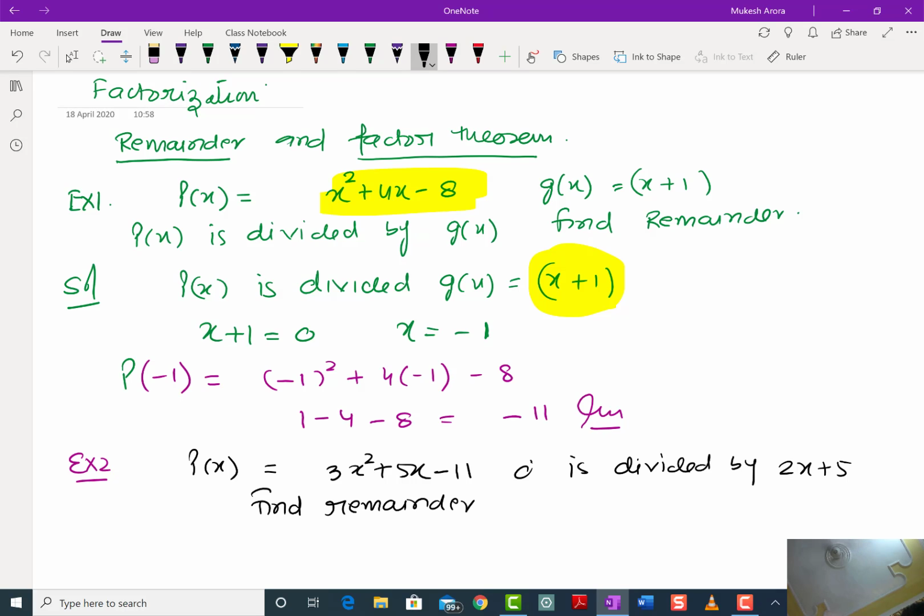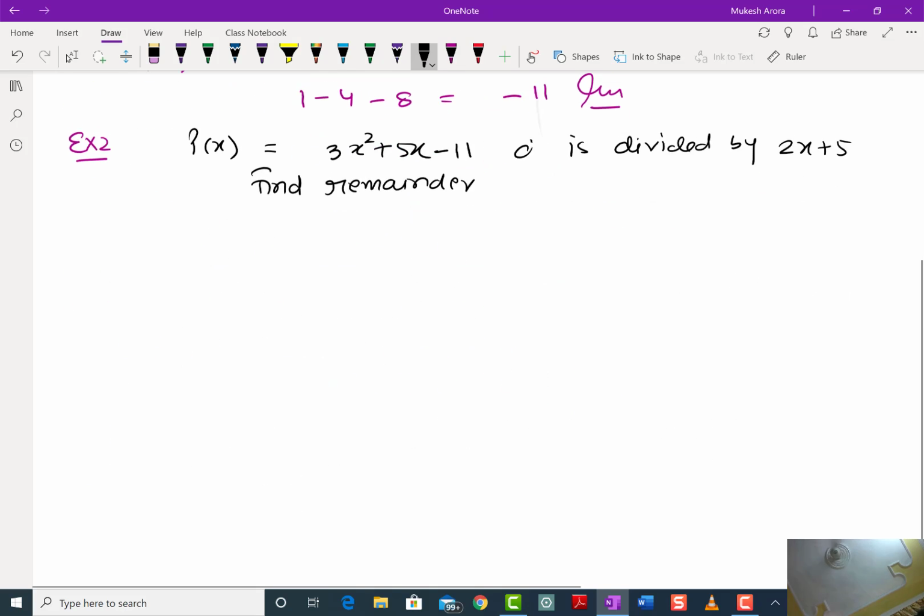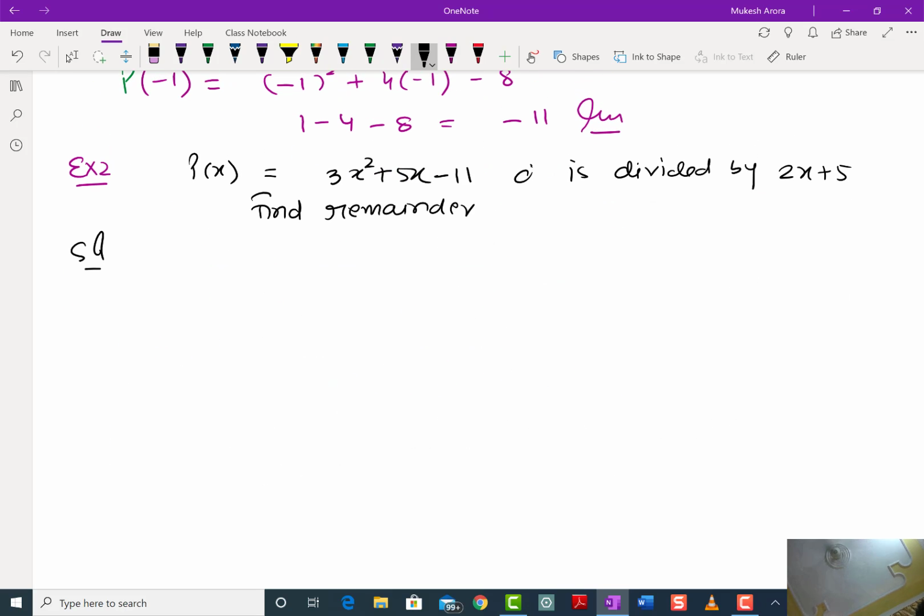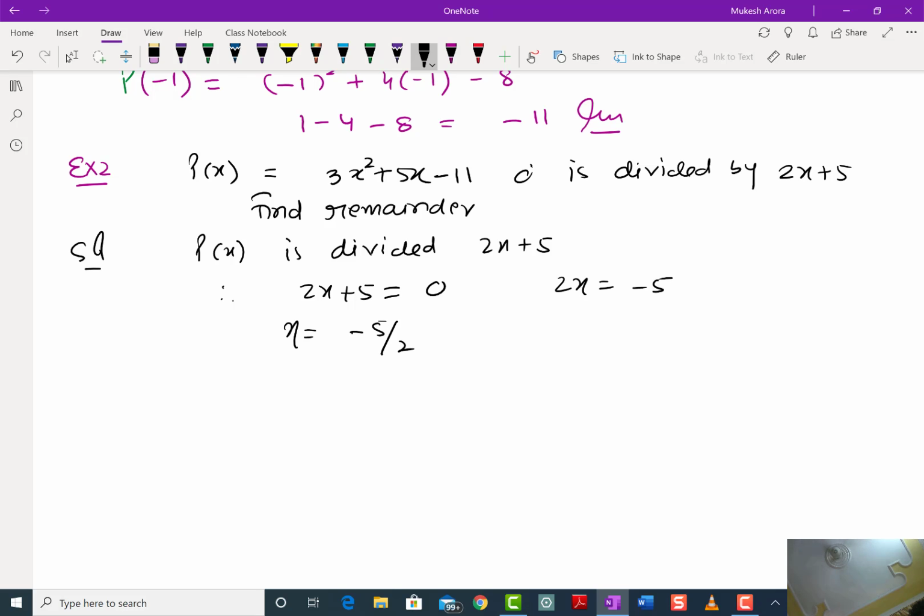First of all, we have to find the value of x. Solution: p(x) is divided by 2x plus 5, therefore 2x plus 5 is equal to 0, 2x is equal to minus 5, x is equal to minus 5 by 2.